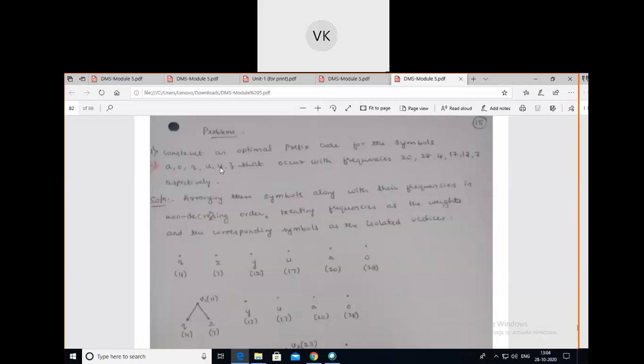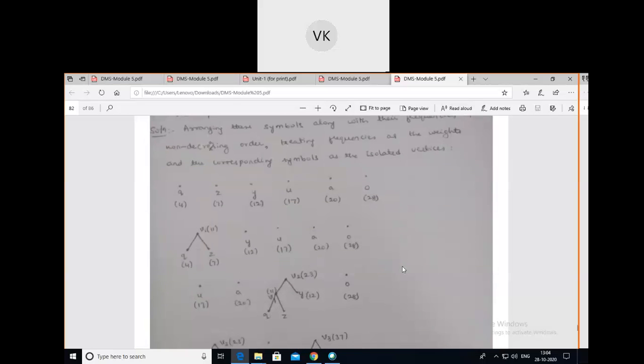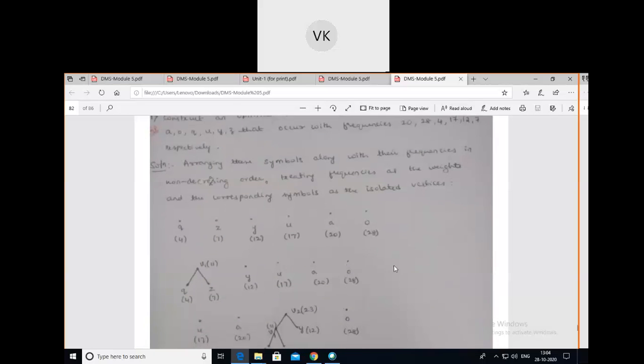How are we going to do the calculation? You see here, the solution. Arrange these symbols along with their weights or frequencies in non-decreasing order. Non-decreasing order means increasing order. In the same way you have to write it in the examination.